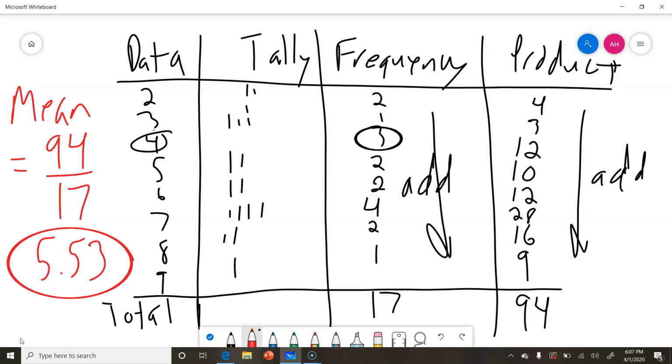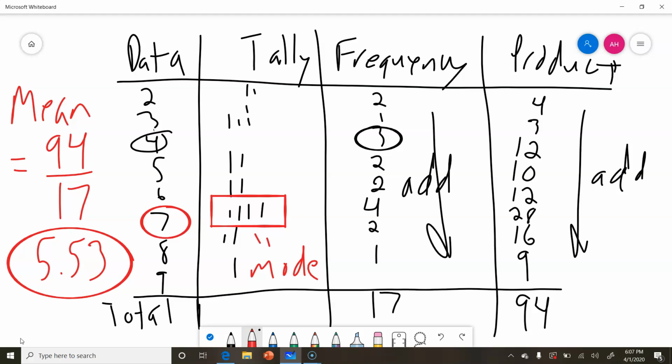Now, how are we going to find the mode? Which one occurs the most times? That's pretty easy. The 7 does. So 7 equals the mode. The mean was 5.53 and the mode was 7.